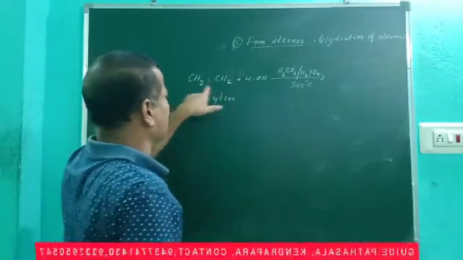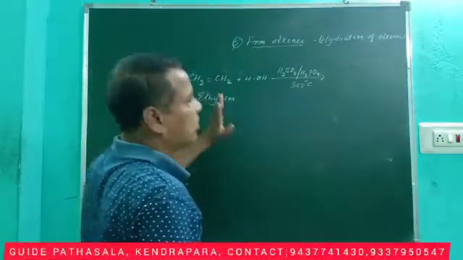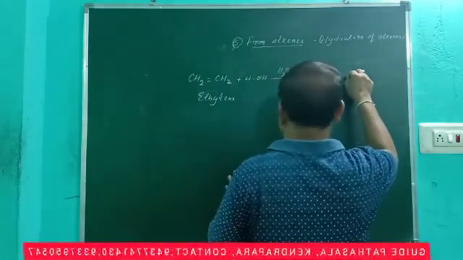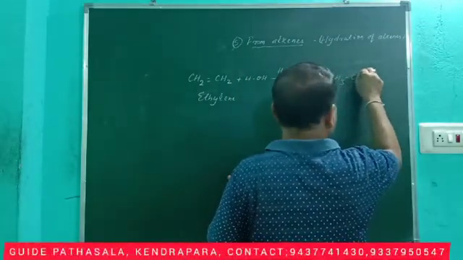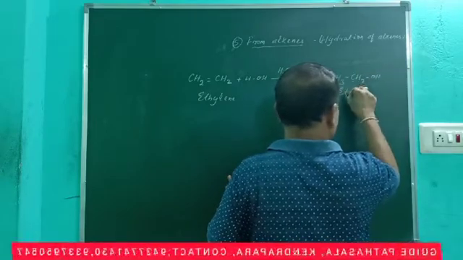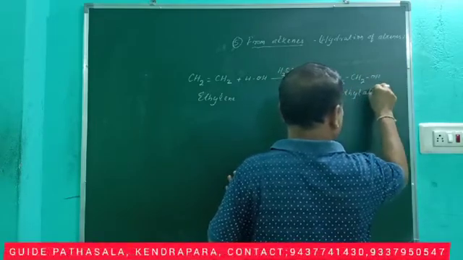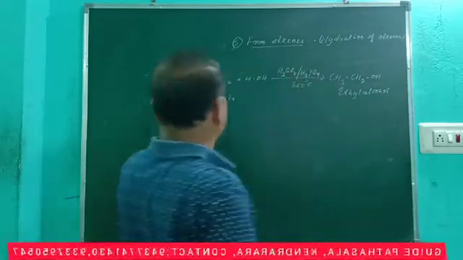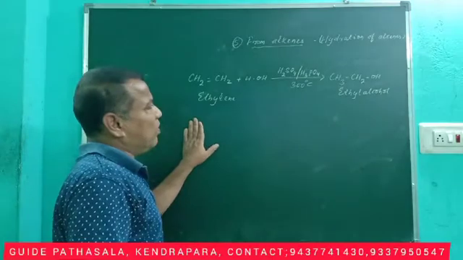As a result, H comes to the center and CH3 single bond CH2OH is formed. That is, ethyl alcohol is formed. As ethylene is a symmetrical molecule, we get ethyl alcohol.